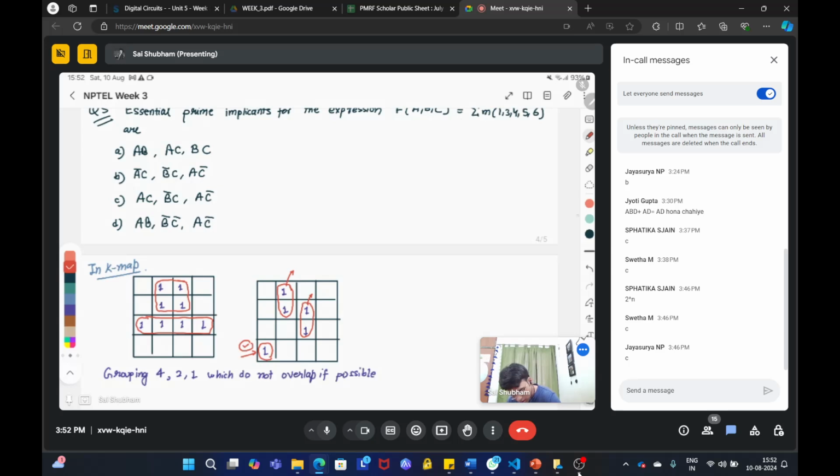We would not make this because it is not at all required, because we will be counting it twice. In order to have the most simple, most reduced expression, we will have less number of groupings. There will not be any overlap.